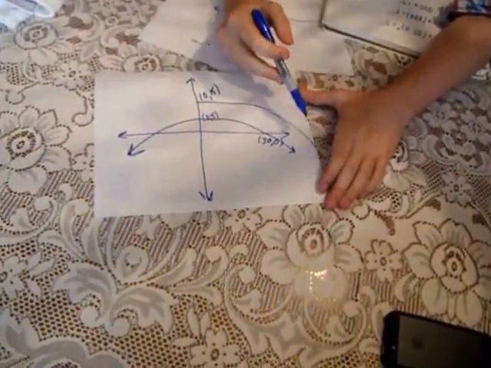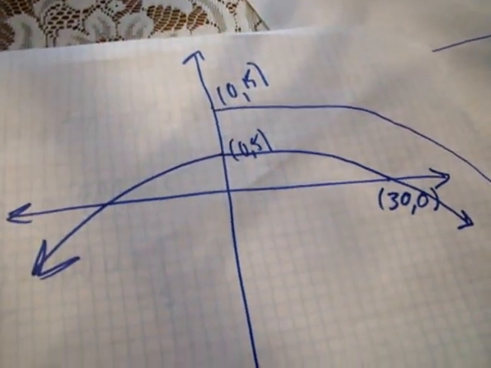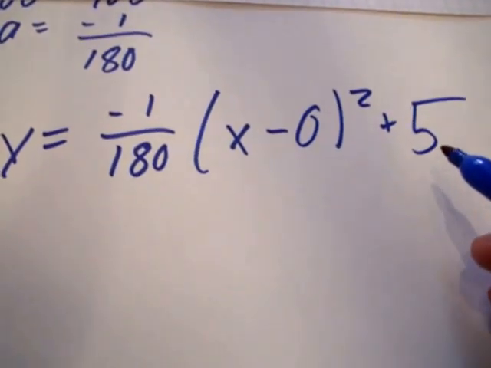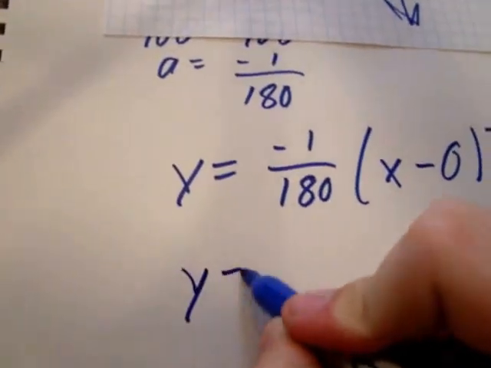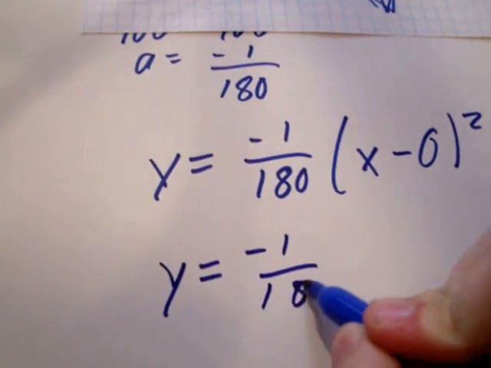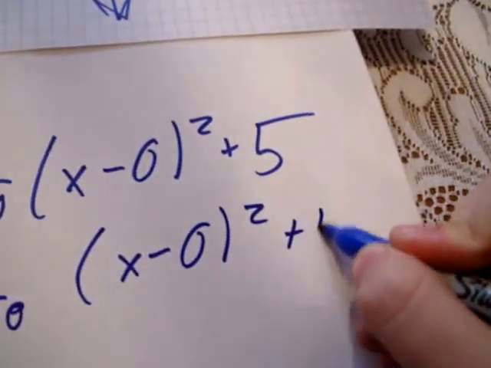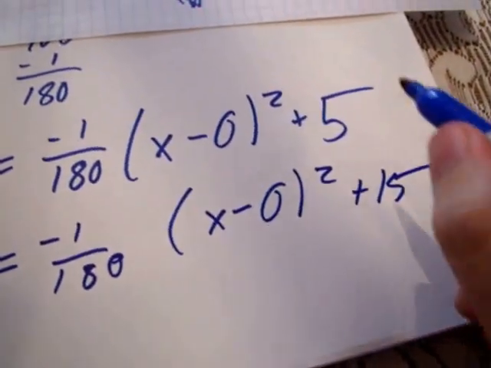If we translate this back into the equation, all we need to do is change this 5 to a 15. That accounts for the vertex being moved up to (0, 15) instead of (0, 5). So the new equation is y equals -1/180 times the quantity x minus 0, all squared, plus 15. It's the same equation except that this is a 15 and not a 5.